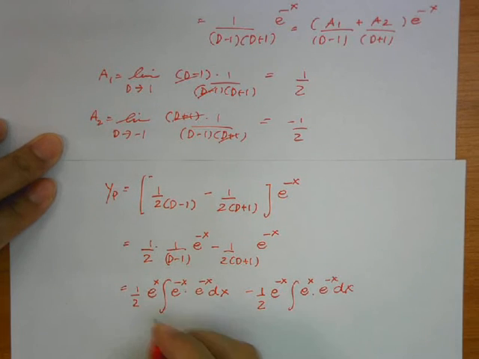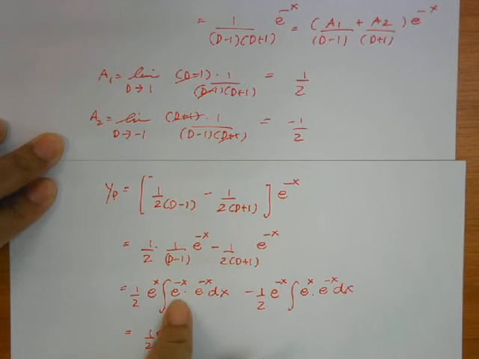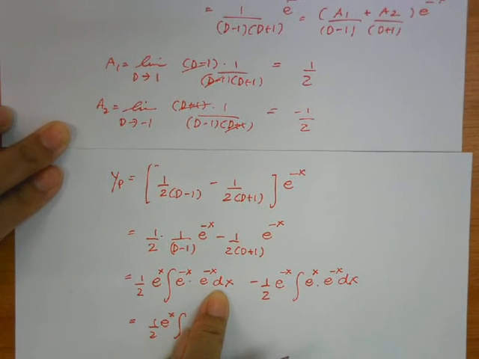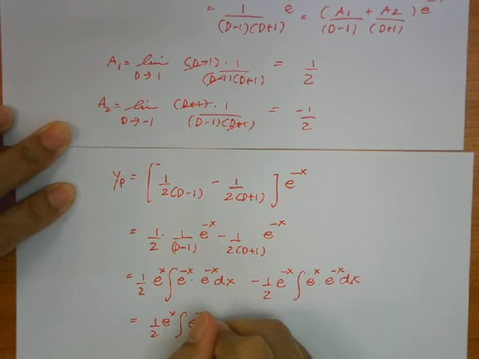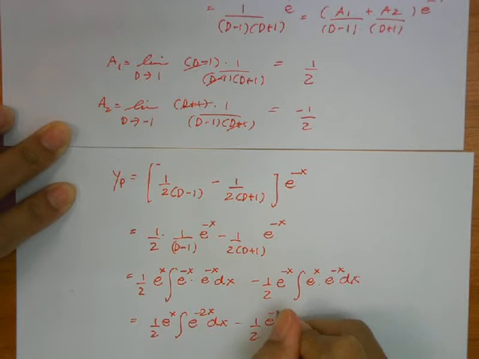Now, this one is equal to exponential of minus 2x. Inside here is equal to 1.